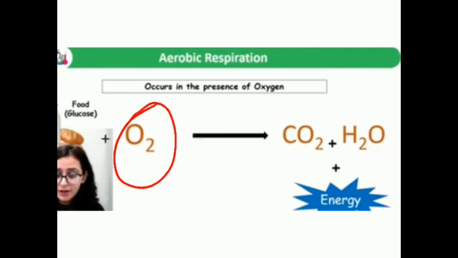Aerobic respiration takes place in the presence of oxygen, so it is called aerobic respiration. The breakdown of food into carbon dioxide and water to release energy in the presence of oxygen is called aerobic respiration. Most living organisms carry out this type of respiration, and such organisms we call aerobes. Understood?